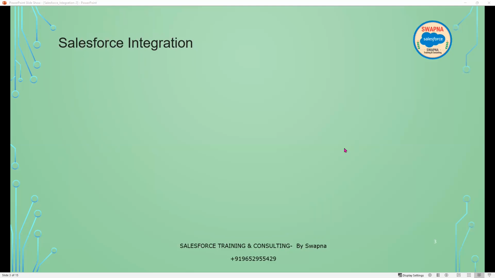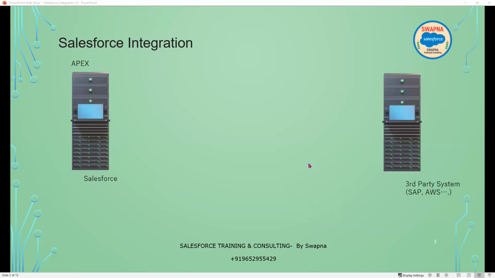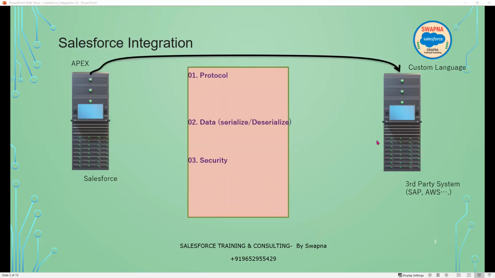So any integration requires a protocol. So yesterday we have seen Salesforce and a third-party system. From the Salesforce, if you want to send the data, whatever business logic you have implemented through the Apex, to the custom language, certain information is required.